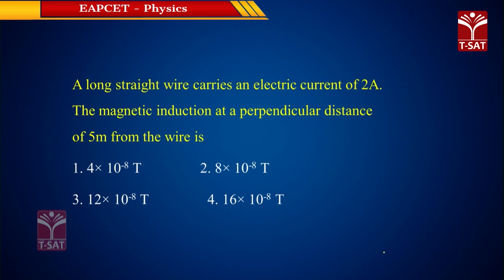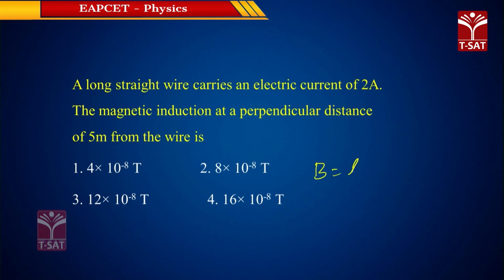And next, a long straight wire carries an electric current of 2 ampere. The magnetic induction at a perpendicular distance of 5 meter from the wire is. Here the formula, children, which formula you apply?